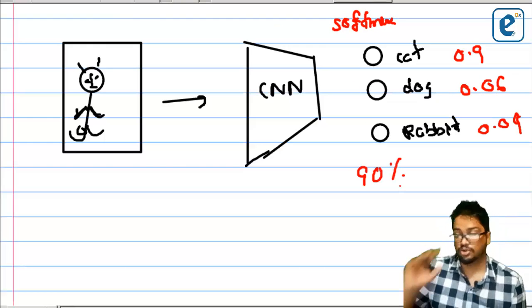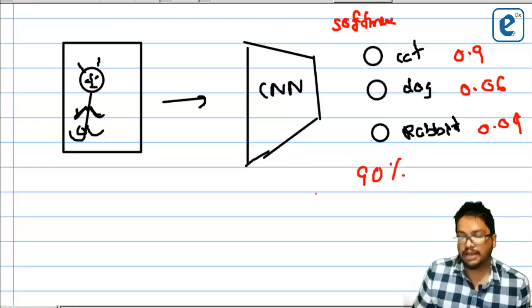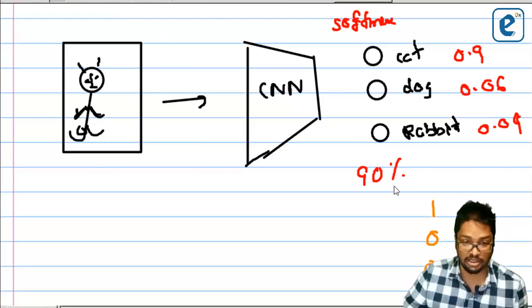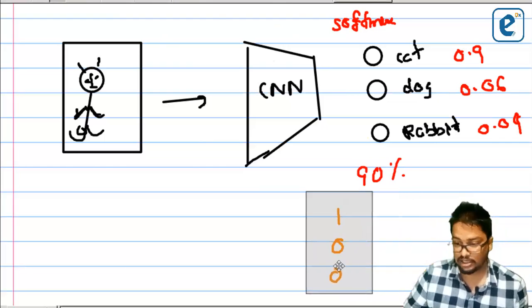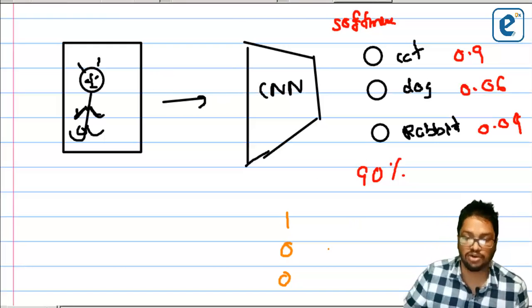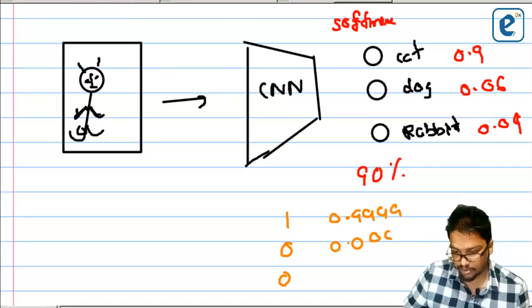But don't expect that you are going to get values like this frequently. Some of the time you may get something like 0.9999, and 0.000001, and 0, right?